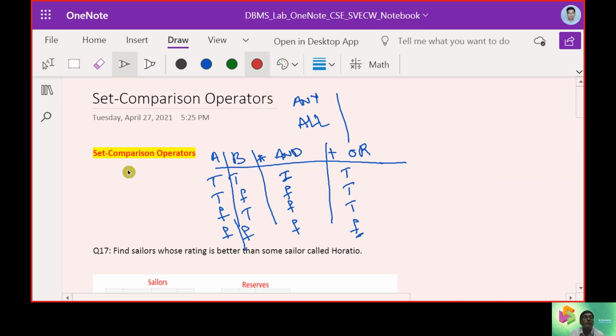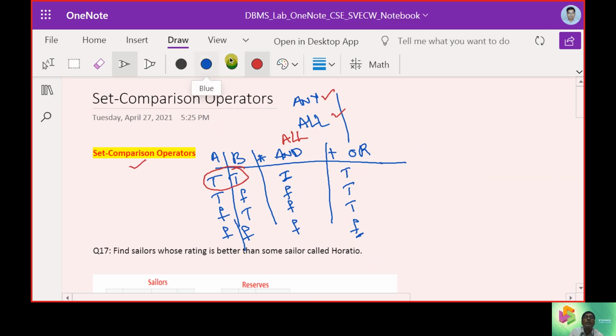Now, the set comparison operations will take up ANY, or they take up ALL. When we work with the AND case, we get a true state, a false state, and a false state. Here we assume all the conditions to be satisfied, all in the sense of both true and true.